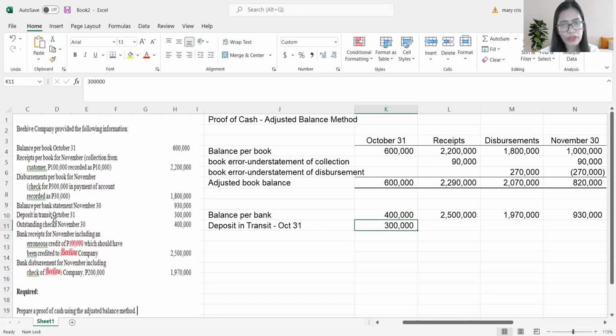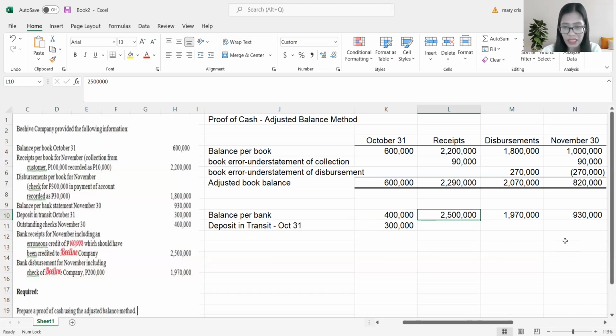Now, ano yung effect ng deposit in transit na to sa receipts natin sa November? So take note, class, na ang deposit in transit ng October 31, most probably, maka-credit yan sa bangko sa November na. So, ibig sabihin, yung 2.5 million na yan, that includes the deposit in transit last month. So, tama ba nga we include that amount in our cash receipts for the bank point of view? Of course, the answer is no. Why not?